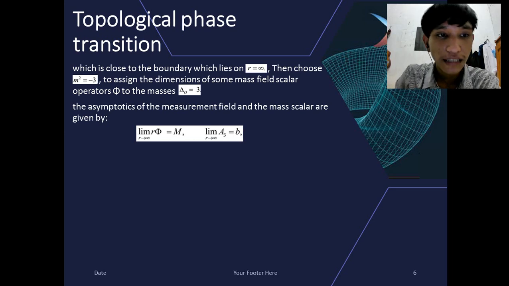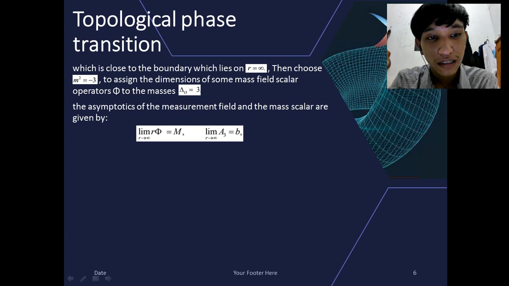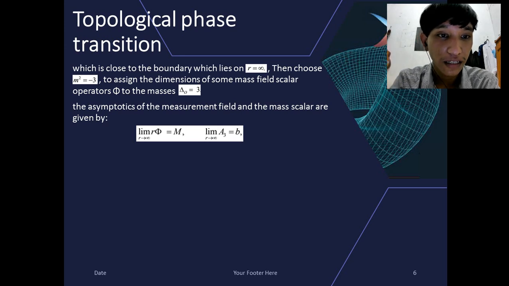The asymptotics of the gauge fields and the scalar field are given, in the limit r to infinity, by the potential psi going to m, and in the limit r to infinity, A3 going to p.